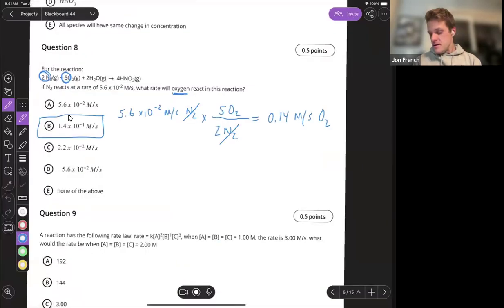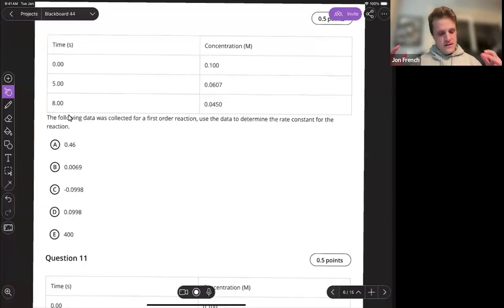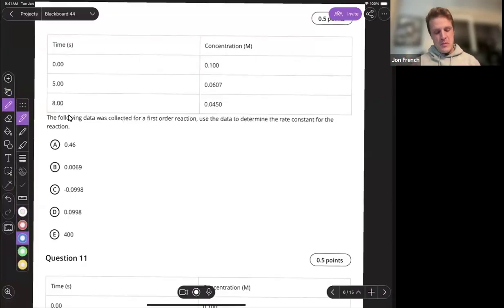All right, question 10 and 11 are up next. Question 10. Yeah, so for question 10, we get the following information and the key. This came up in office hours. People were asking about how to solve this problem. The key to this problem is the following data was collected for a first order reaction. So it tells us this is a first order reaction.